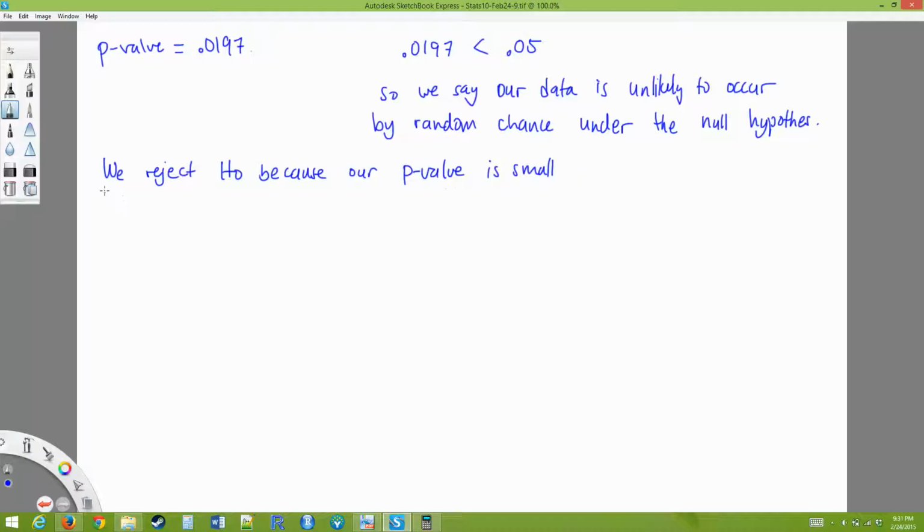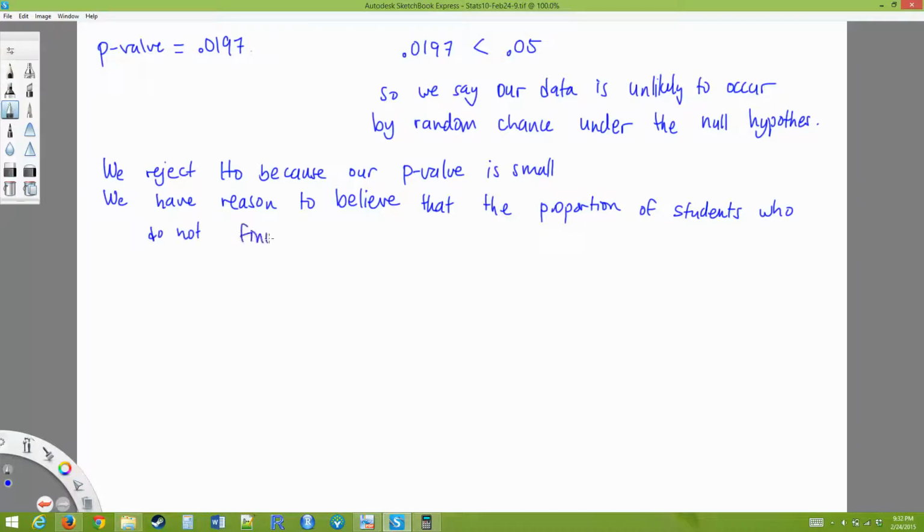We have reason to believe that the proportion of students who do not finish high school is now less than 18%.